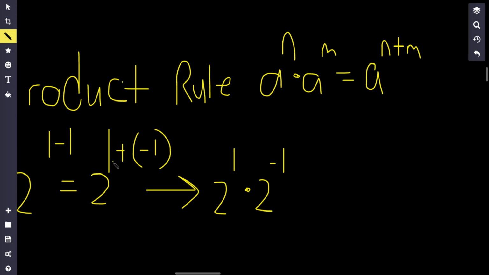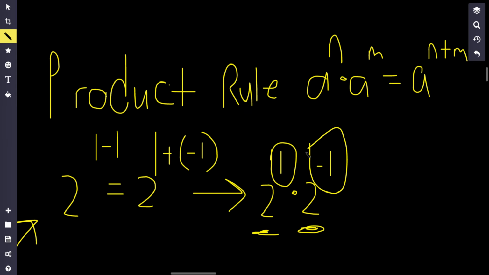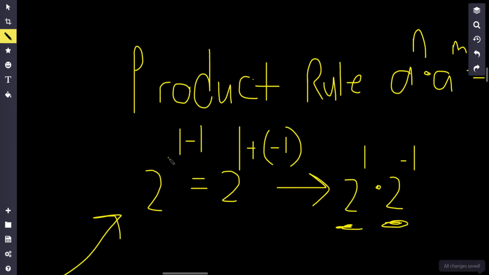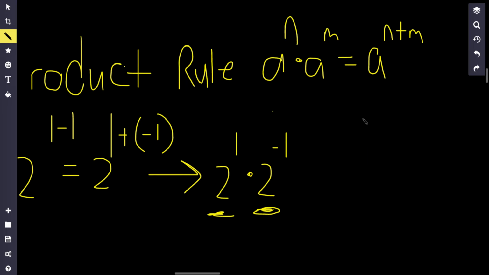Well, you just add the exponents up together, which is what we had right over here. The bases are the same, so you're able to add up these exponents so that it equals 2 to the 0th power. 2 to the 1 minus 1 is equal to 2 to the 0th power.